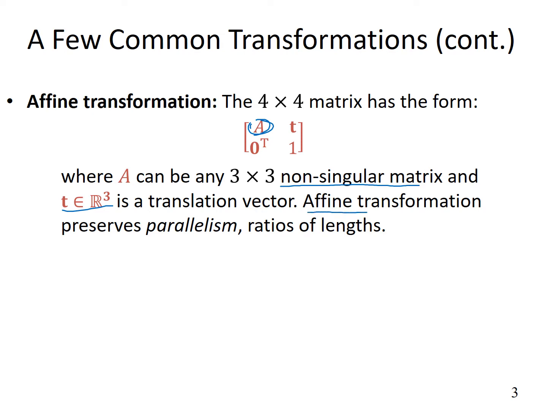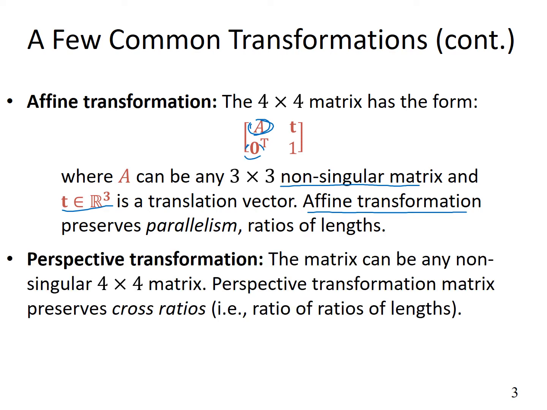So affine transformations preserve parallelism and ratios of length, but do not preserve angles. 0 is again a vector of zeros. Perspective transformation, the matrix can be a non-singular 4 by 4 matrix. Perspective transformation matrix preserves cross ratios. Cross ratios are basically ratios of ratios, and perspective transformation is what happens when you image something with a camera.